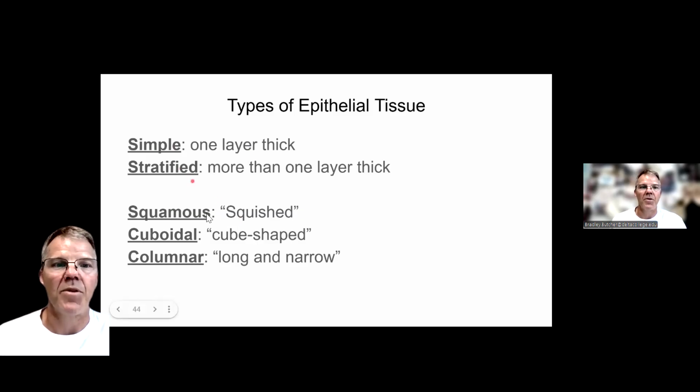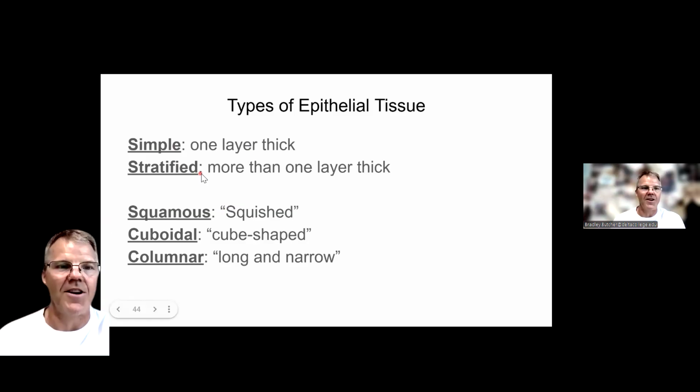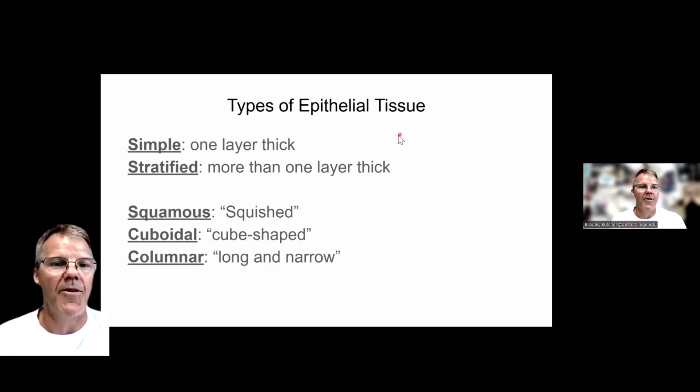That is squish-looking cells where we have lots and lots of those pancakes sitting on top of each other. You can have simple cuboidal, you can have stratified cuboidal, you can have simple columnar, and you can have stratified columnar. So these are kind of the basic ways that we categorize epithelial tissue, and now we can look for them in the microscope.